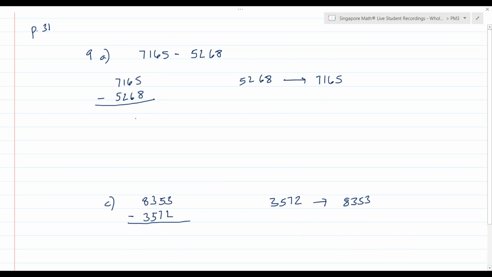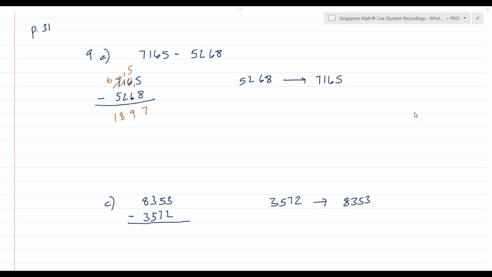7,165 minus 5,268. We just get lots of practice changing a 10 to ones, changing 100 to tens, changing 1,000 to 10 hundreds. So in that problem, each one of those numbers had to be borrowed and carried, we call it.